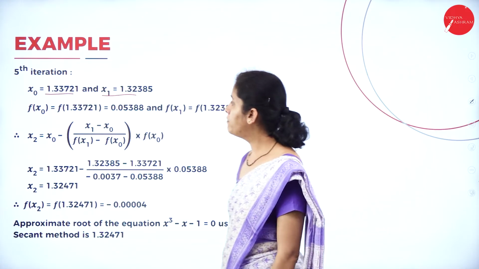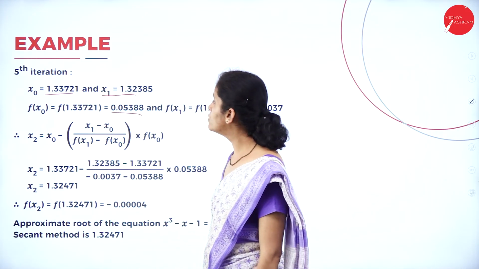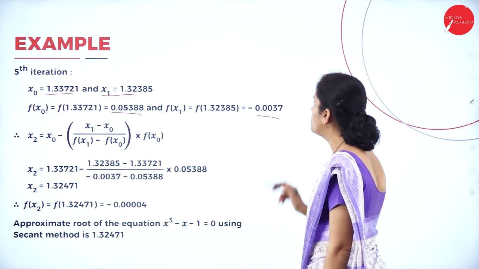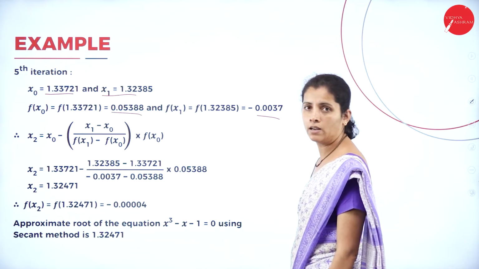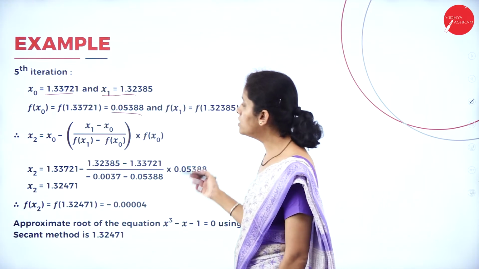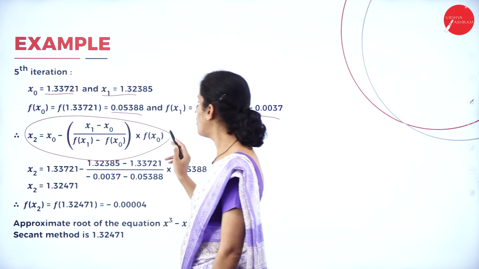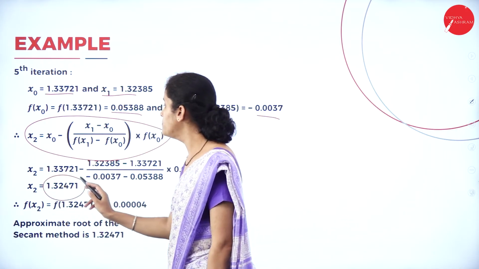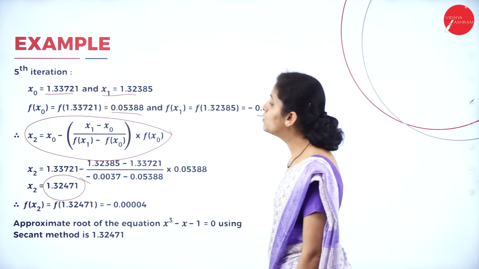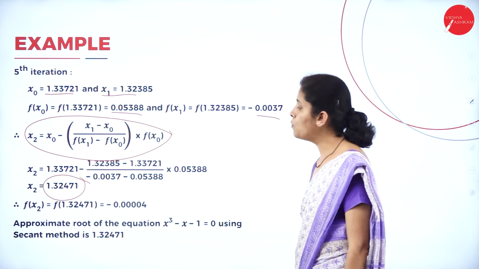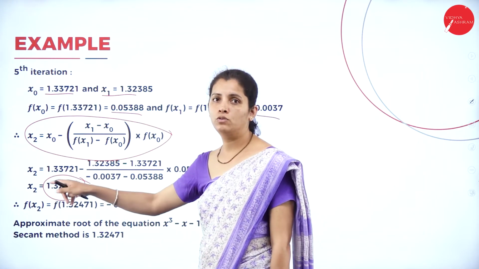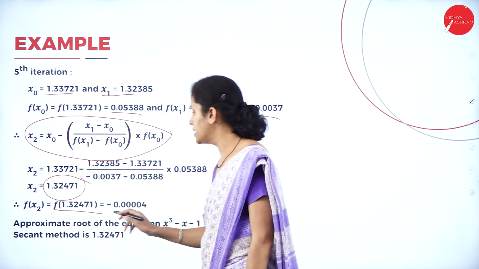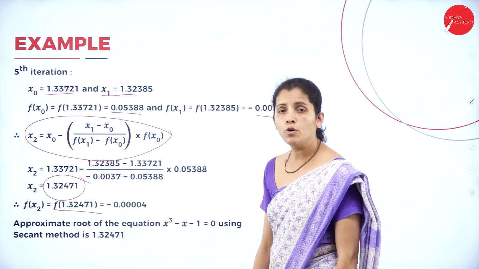And I got f of x0, that is 0.05388, and I got f of x1 0.0037, and I'm going to substitute all these values in this formula. After substituting, I'm going to get the answer 1.32471. Now I want to find out f of x2, and when I substitute, I'll get the answer minus 0.00004.